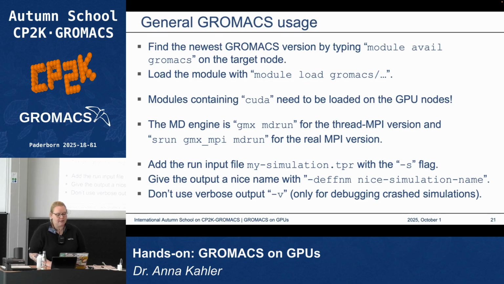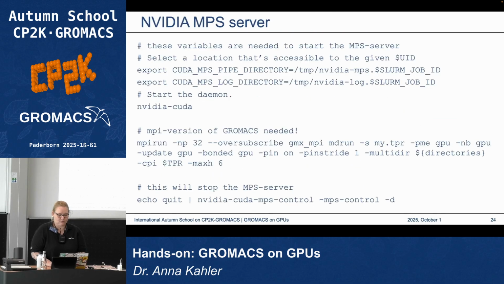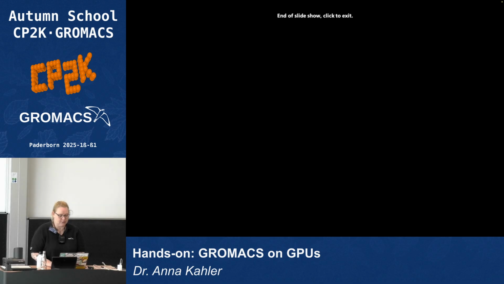And for the real MPI versions, it is gmx_mpi mdrun, and you also need either srun, the Slurm version, or mpirun for invoking MPI. The other slides I've already shown you. I have just included them here to have them complete.